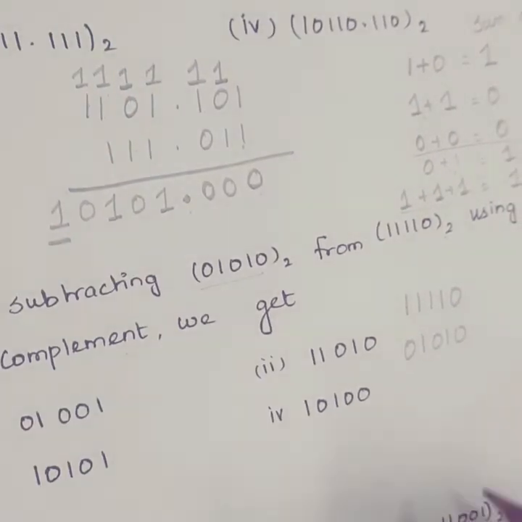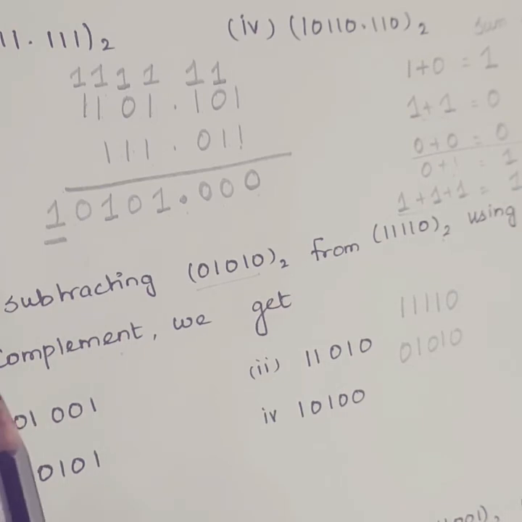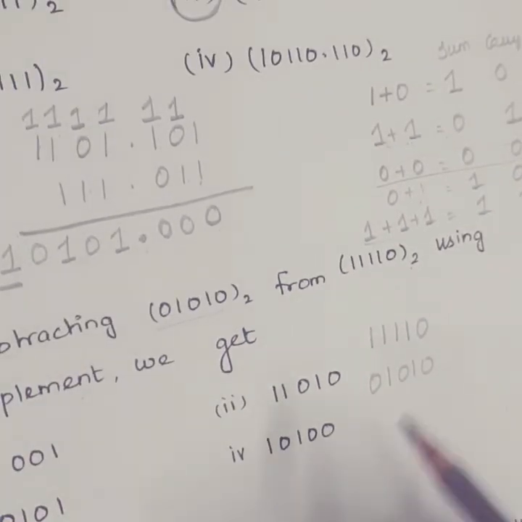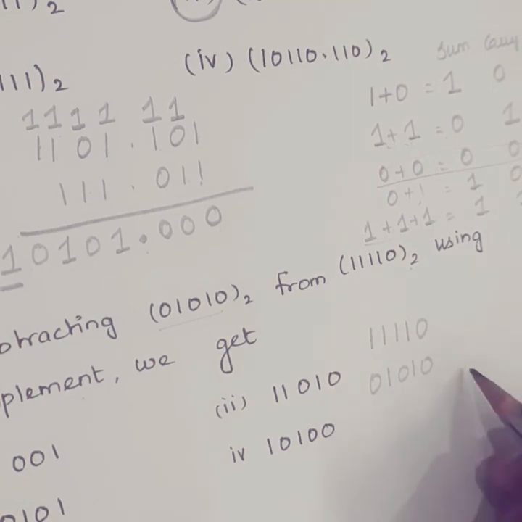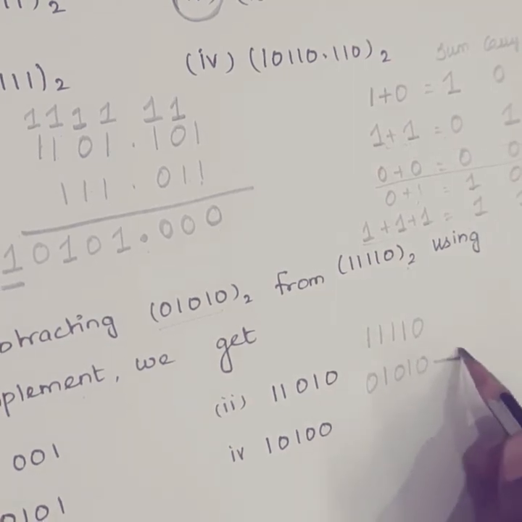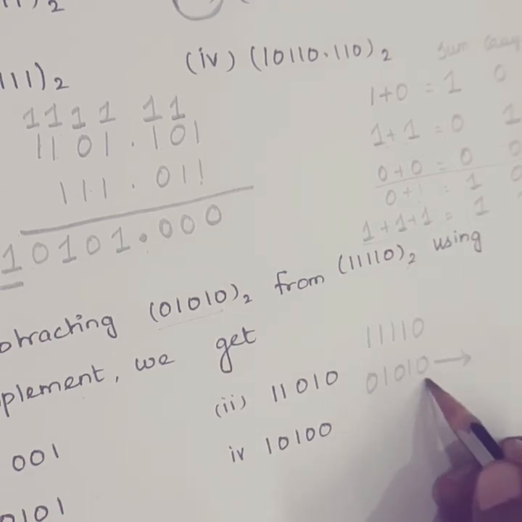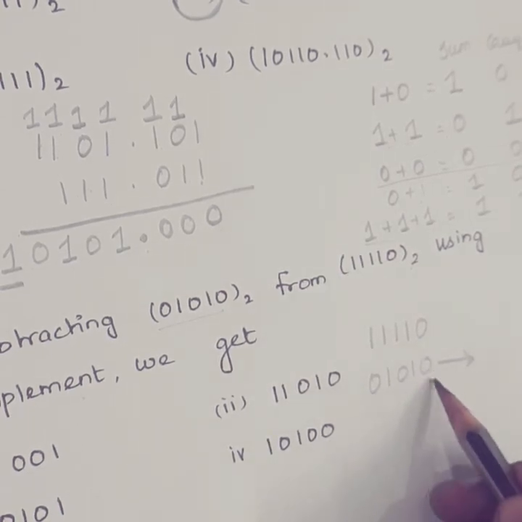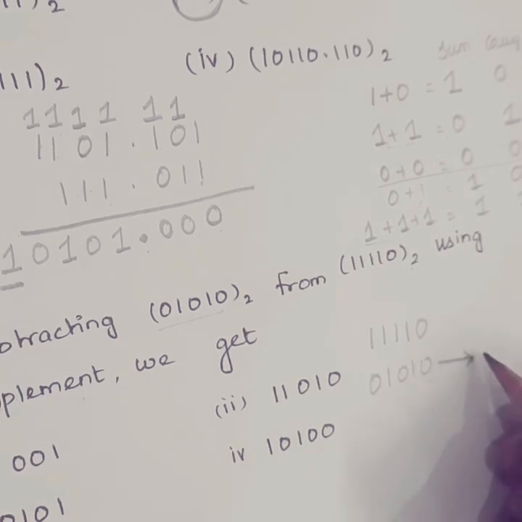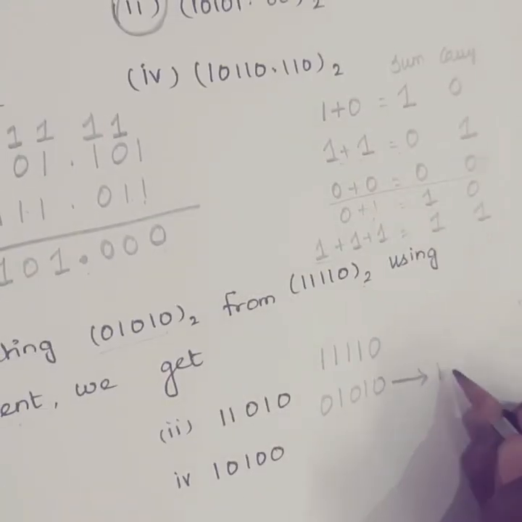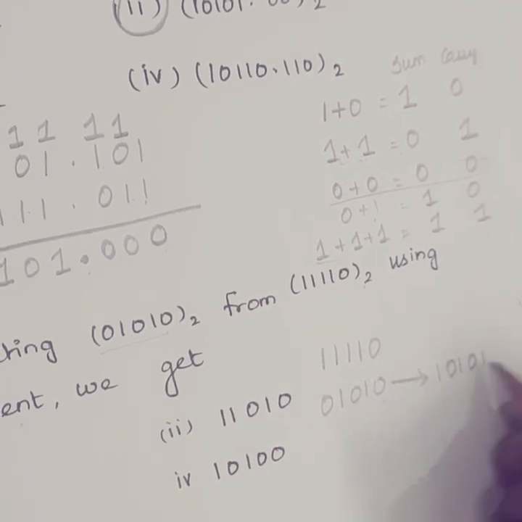Here it is given that you have to use 1's complement. For that you have to take the 1's complement of this second number, 01010. If you take the 1's complement, you get 10101.